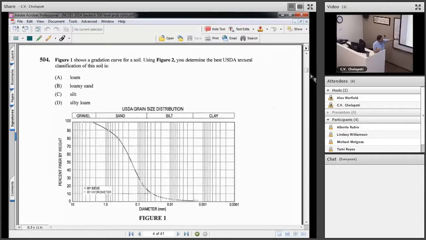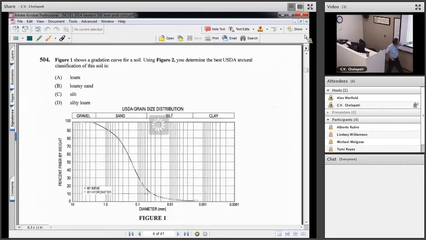You get the percent of sand, clay, and silt, and then you can see where it falls in this triangle. So the percentages, you can see gravel up there, you got about 2% gravel.